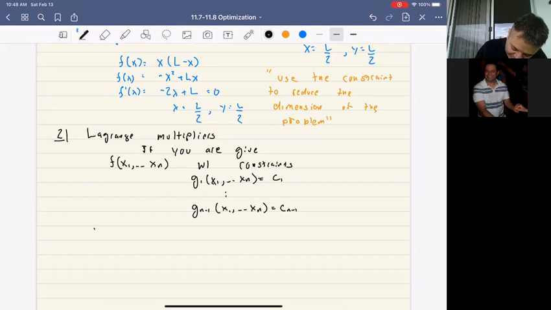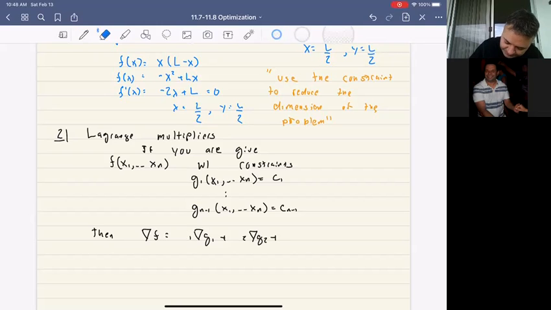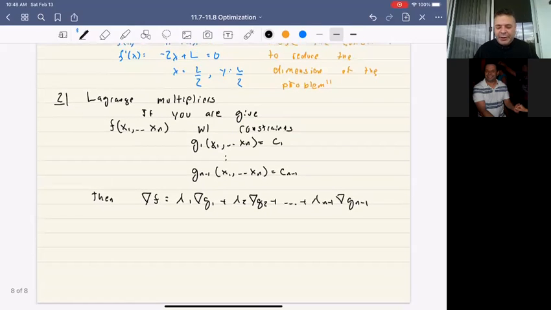Then the gradient of f should equal alpha 1 gradient g1 plus alpha 2 gradient g2. Let's actually change that to lambda. We're not going to do all this, don't worry. This is just for my own mathiness.